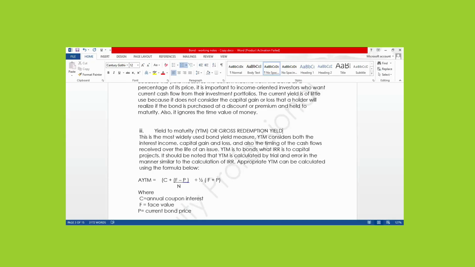It is calculated by trial and error, the same way we calculate internal rate of return.